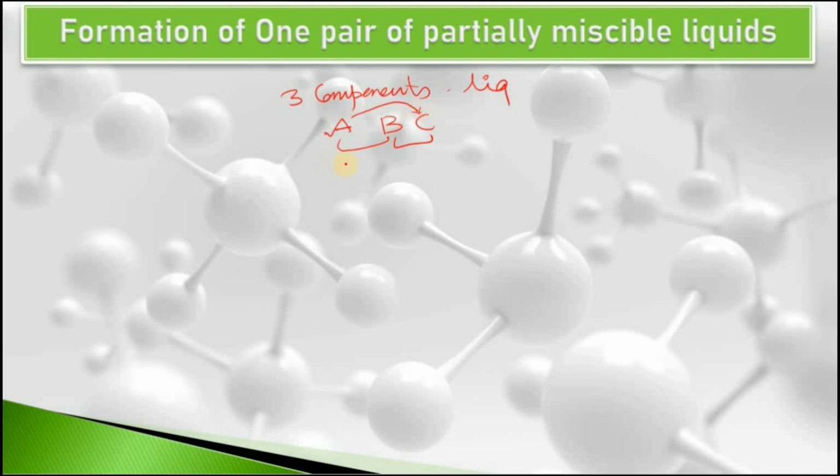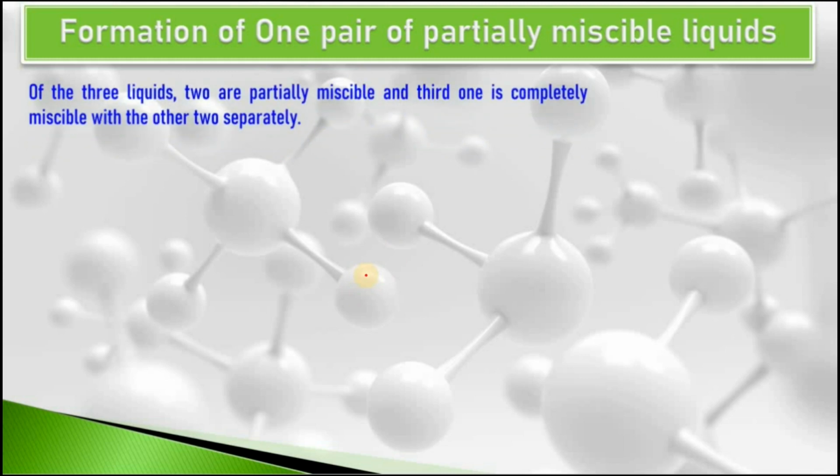In our present case, B and C are partially miscible, whereas A is miscible with B as well as with C. So these three liquids form a three-component system where one pair is partially miscible and the third one is miscible in both separately.